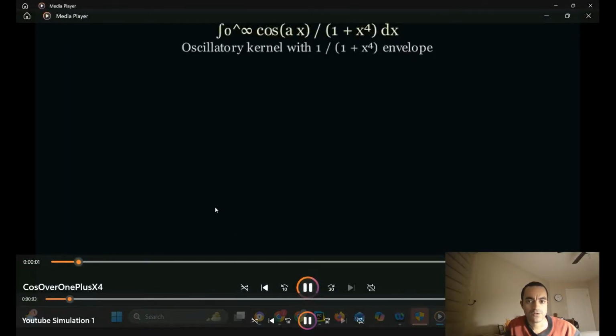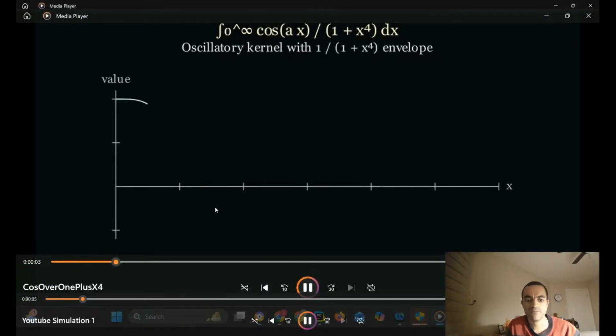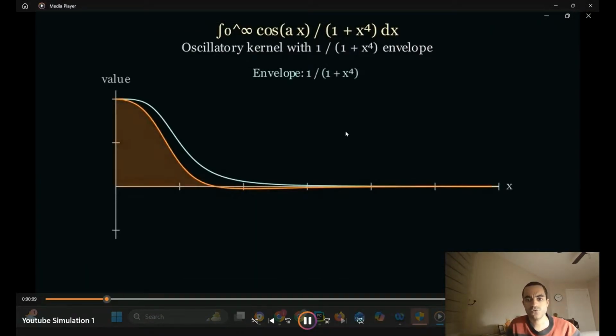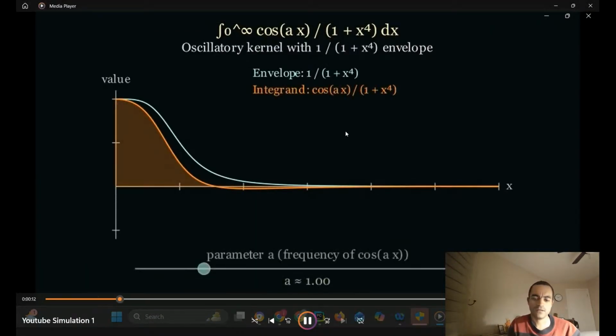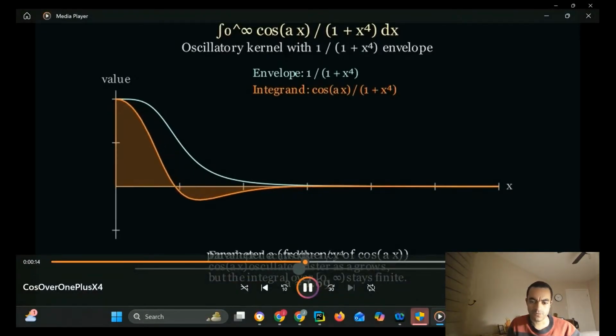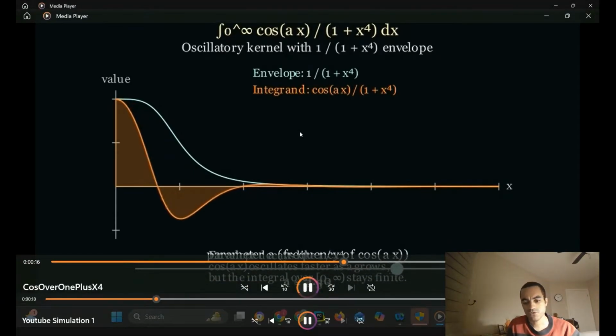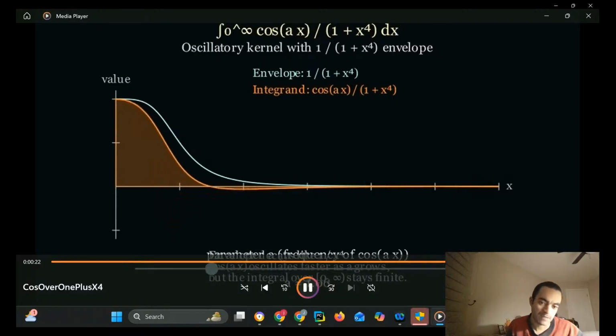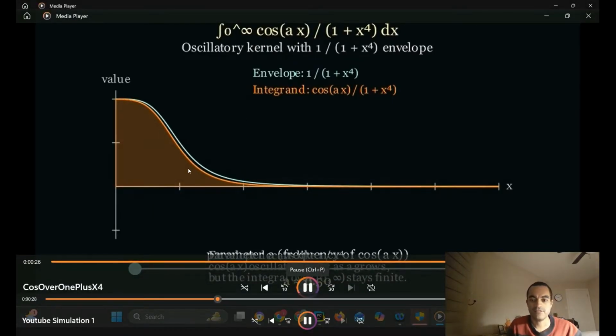Here is the simulation of the problem that we were looking at, the improper integral of cosine ax over 1 plus x to the 4. You can see that it's an oscillatory kernel, with 1 over 1 plus x to the 4 being some sort of envelope. You should know what an envelope is. If you haven't, an envelope is just a type of curve that behaves in an interesting way.